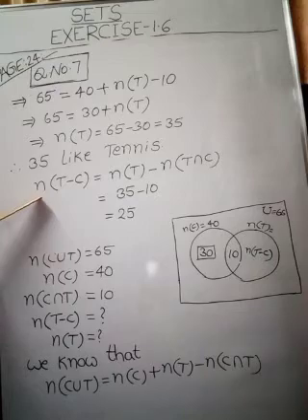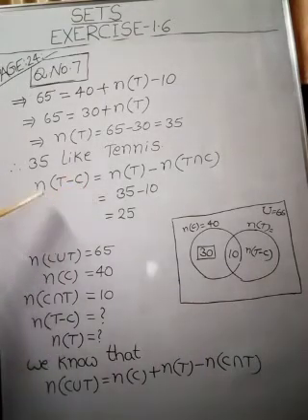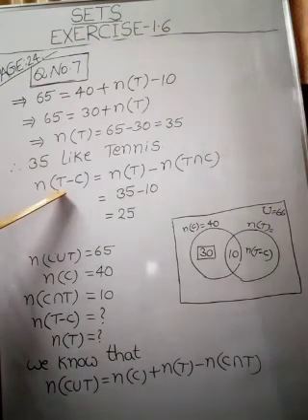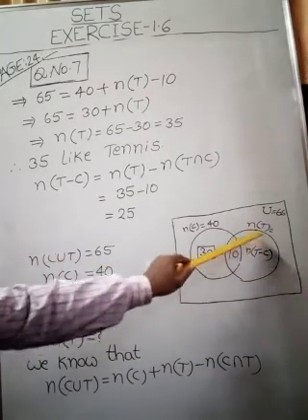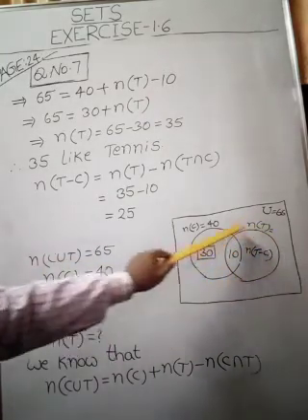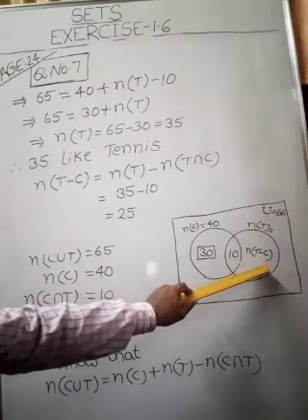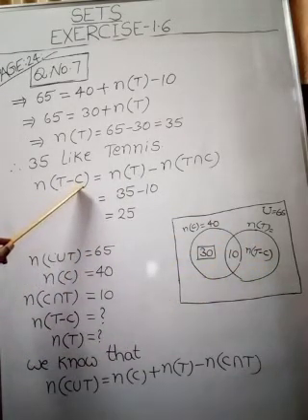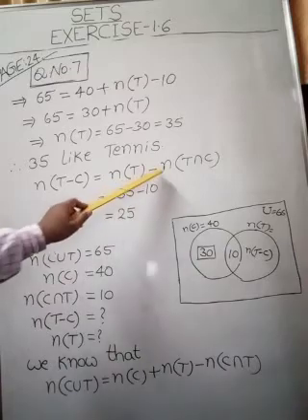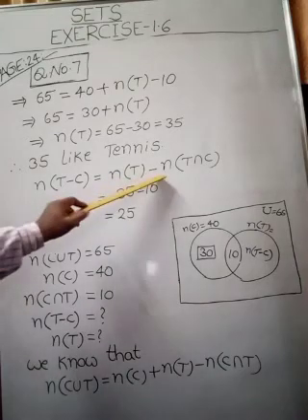Now, the second part. N of T minus C means who like tennis only but not cricket. So, how do you get this part? From this entire circle T, if you delete this part, we get N of T minus C. Observe this Venn diagram, my dear children. So, N of T minus C can be found by N of T minus N of T intersection C. By using this formula, we can find N of T minus C. Understood this part, my dear children?